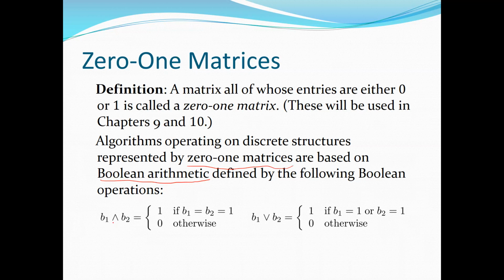So we already know this, B1 and B2. We know the value of B1 and B2: this will only be true when B1 and B2 are both 1. Otherwise, it would be 0, right? So in other words, this is actually equivalent to the multiplication of the two numbers, but that is not always true. Just to give you a hint for remembering it, right?